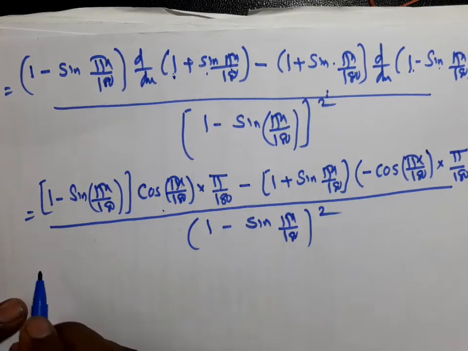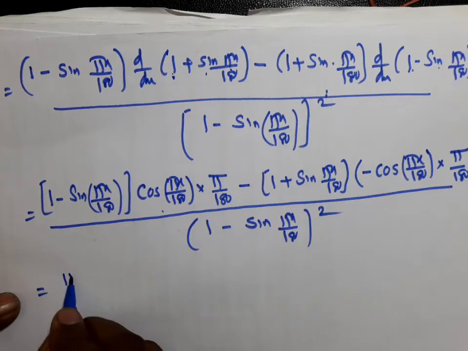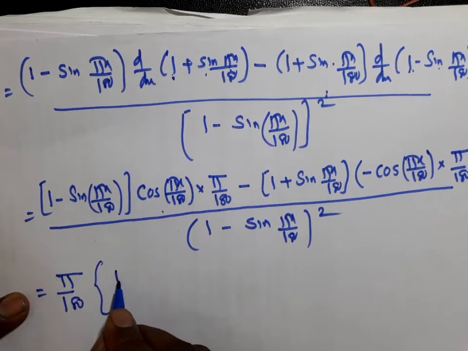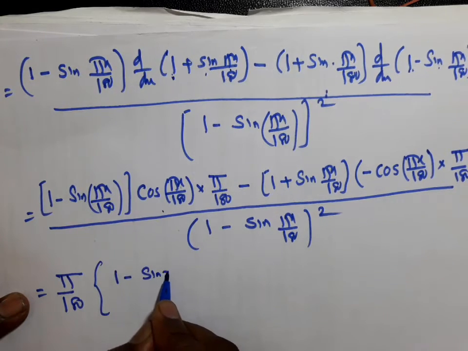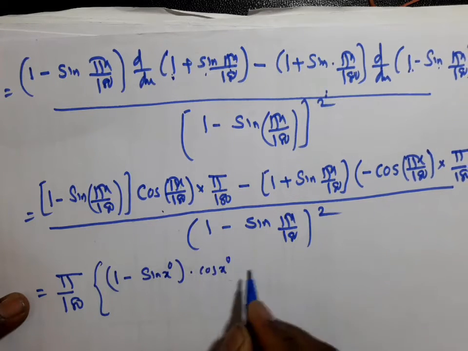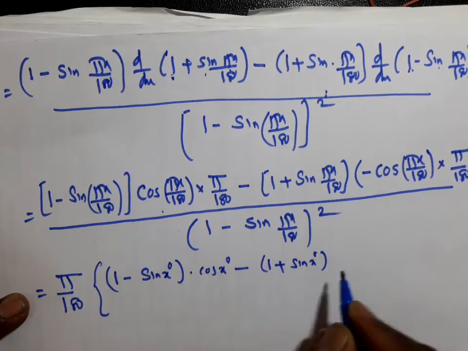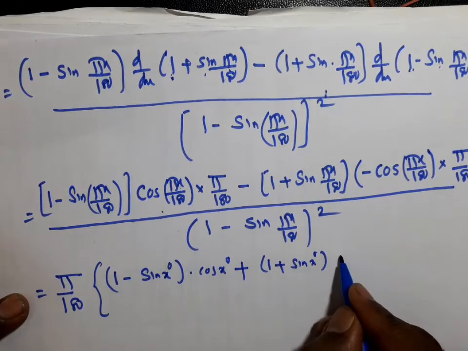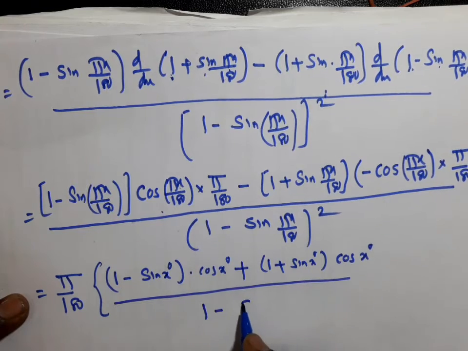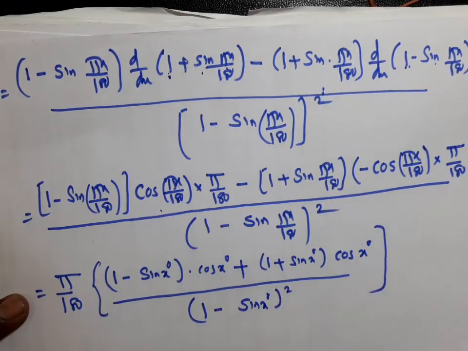So this you can simplify further, or again you can come back to this: pi upon 180 will be taken out. Inside the bracket, this is (1 minus sine x degrees) into cos x degrees, plus (1 plus sine x degrees) into cos x degrees, divided by (1 minus sine x degrees) whole square.